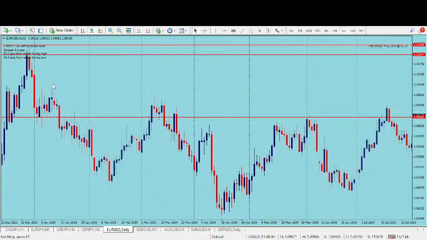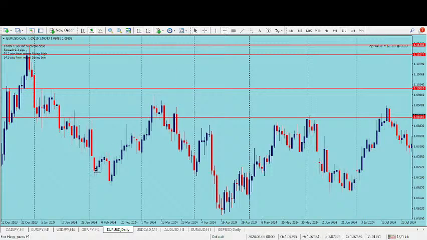But as you can see, this swing high is lower than the previous swing high. So we say that the market has made a lower high. Then from here, it moved down all to this area. Look at the next place now.